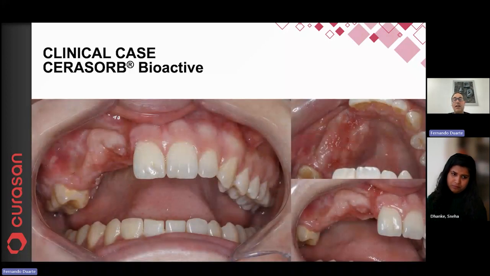After 15 days, this is the aspect of the patient. We place a compressive plate, an adaptation of the removable prosthesis with a strong basis in the palate, trying to avoid strong occlusal forces in our bone graft.